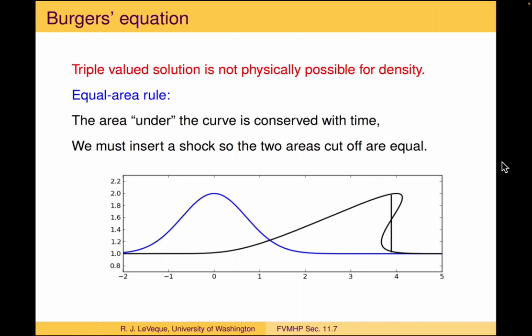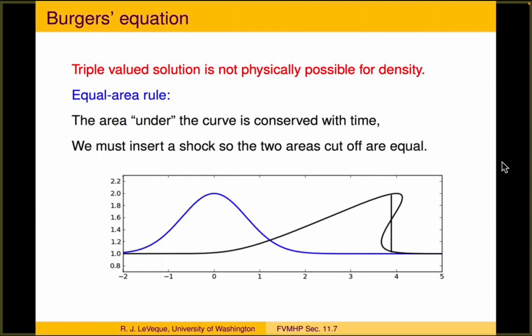And then to replace it with a shock wave, it turns out that the right criterion to use, if you take this triple valued solution and cut it off with the shock wave here at some point, is that the area that we cut off here and the area that we cut off here should be equal. The reason is that the area under this curve, at least as long as it stays single valued, is always constant because it's a conservation law that we're solving, and the area under that curve is the total integral.